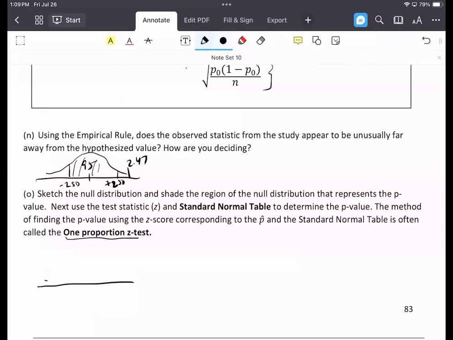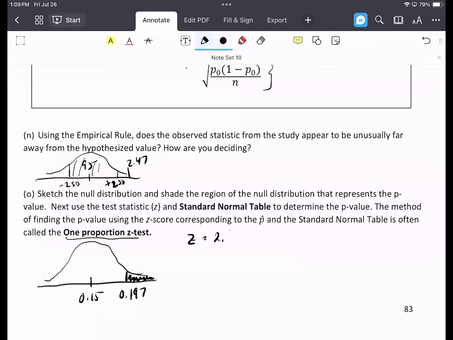If I did a quick sketch, it doesn't have to be perfect. The null is assuming 0.15 as our hypothesized value. We're interested in the p-hat as extreme or more extreme. We already know the z-score is 2.47.